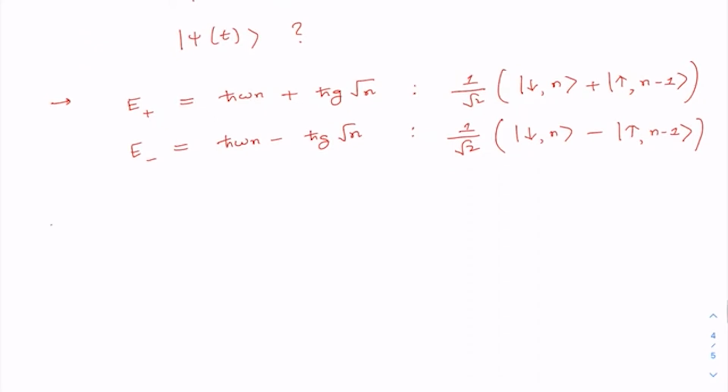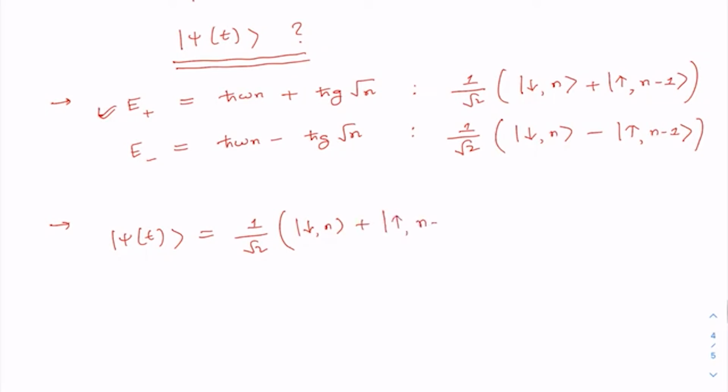to find out what our state vector is at an arbitrary time t, and from elementary quantum mechanics it's easy to do. So we know that one state we have is 1 by root 2. So let me utilize this information. Let me write here again. We have this symmetric superposition state.